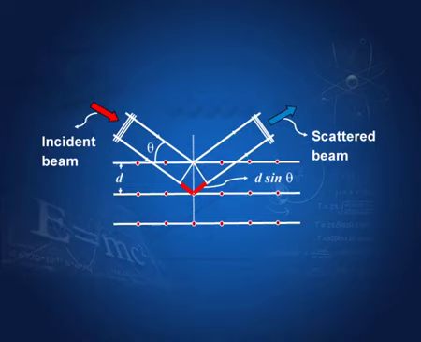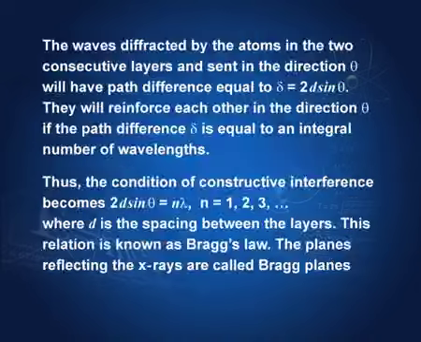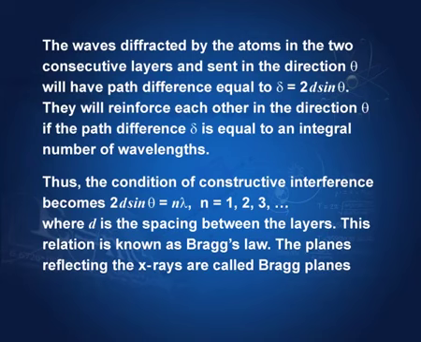So, in X-rays, if this is equal to 1 lambda or 2 lambda or 3 lambda, then these waves after reflection or scattering interfere constructively. This 2d sin theta equal to n lambda is known as Bragg's law.